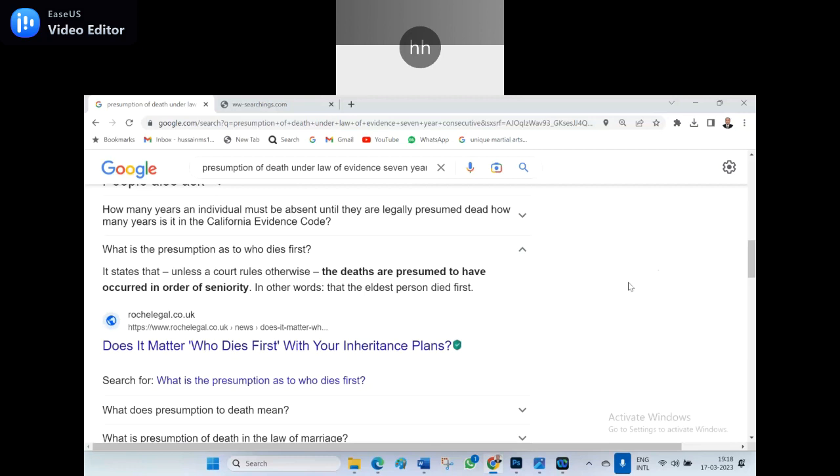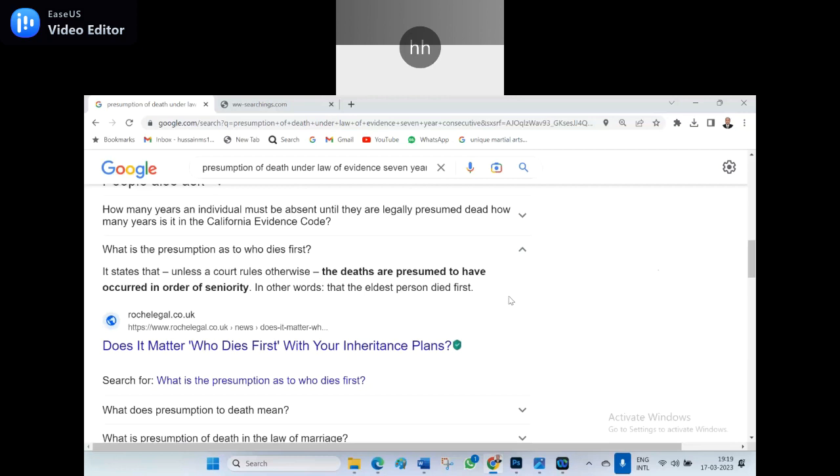Because the elder will die first, and then the younger. The elder has less resistance power, the younger has more resistance power. Hence the elder dies first and the younger dies later. Is it clear? Yes.